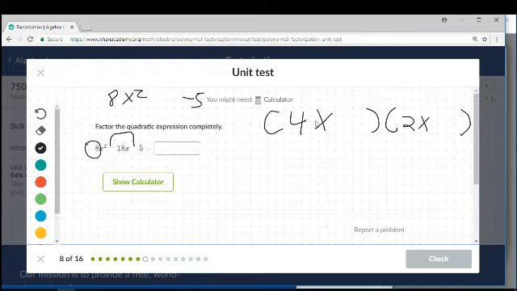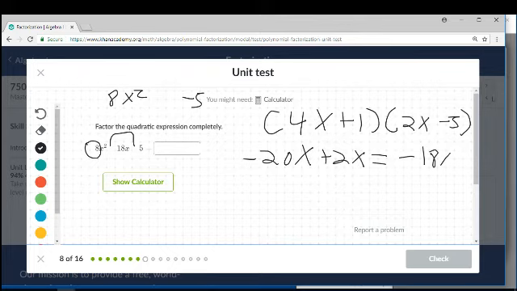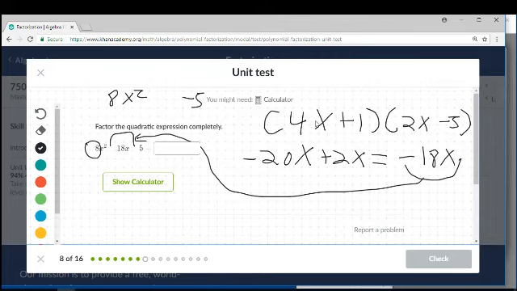Let's try 4x times negative 5, which is negative 20x, and 1 times 2x is going to be plus 2x, which is equal to negative 18x. And that's going to match up right here. So by guess and check, we've gotten this far.